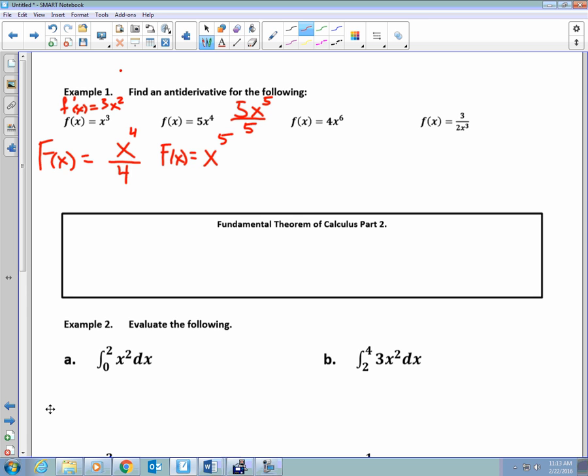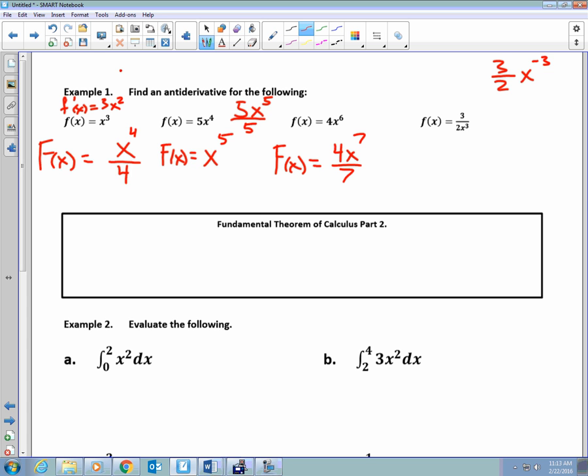Okay, this one, f of x. Antiderivative of 4x to the 6th. 4x to the 7th over 7. No simplification, so that's what I got. For the next one, I don't like that the x is in the denominator, so I'm going to write it as 3 over 2 times x to the negative 3. And so I should increase the exponent by 1.